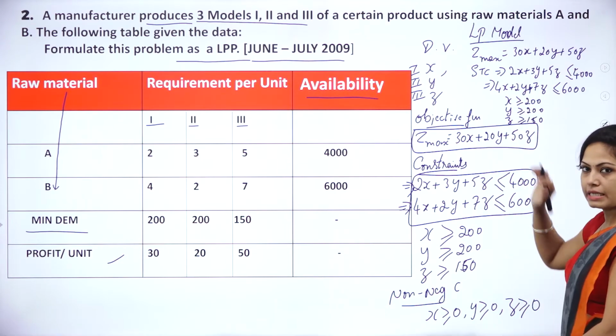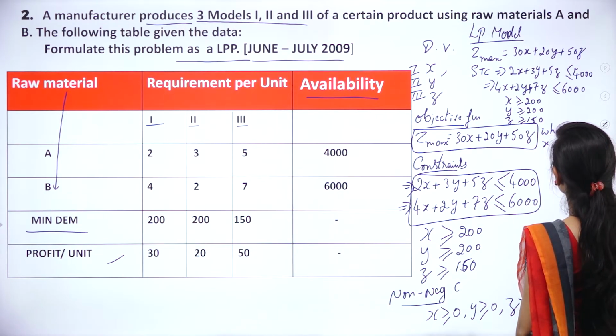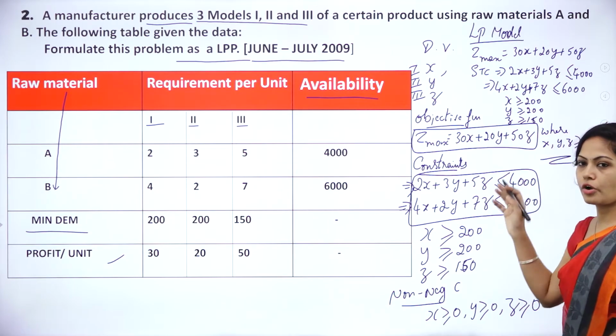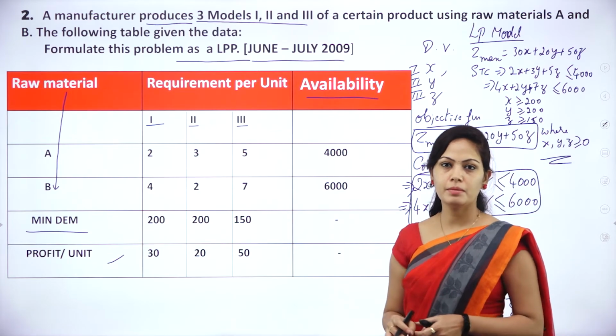These are my constraints, and the non-negativity constraints are x, y, z greater than or equal to 0. So this is my LPP model.